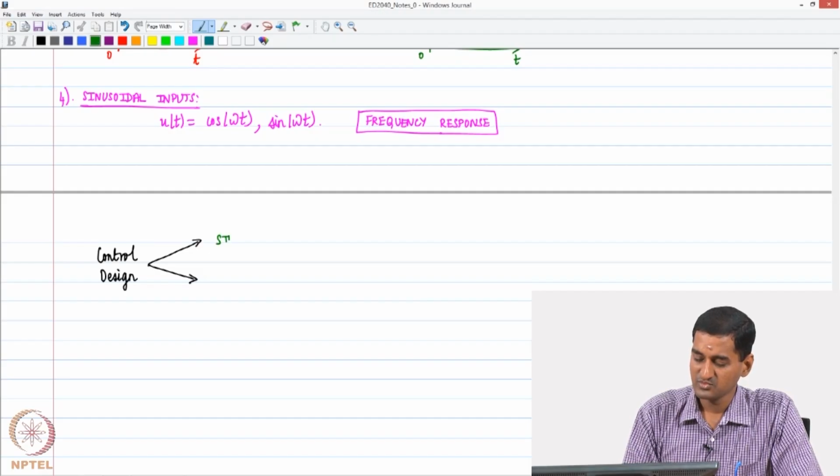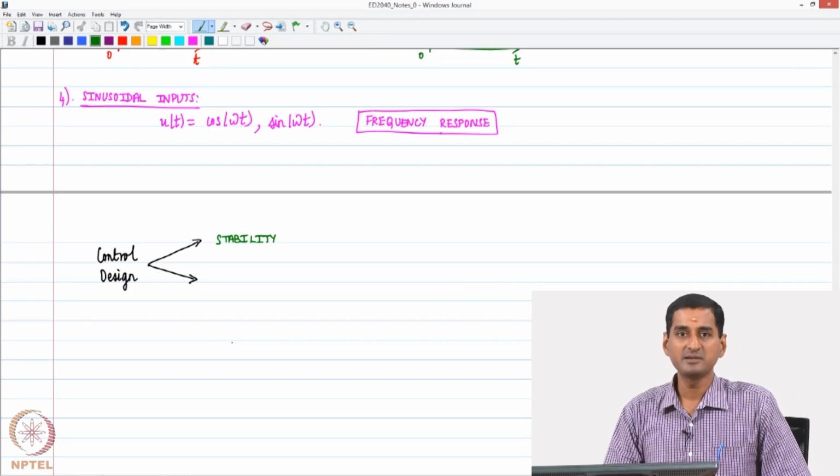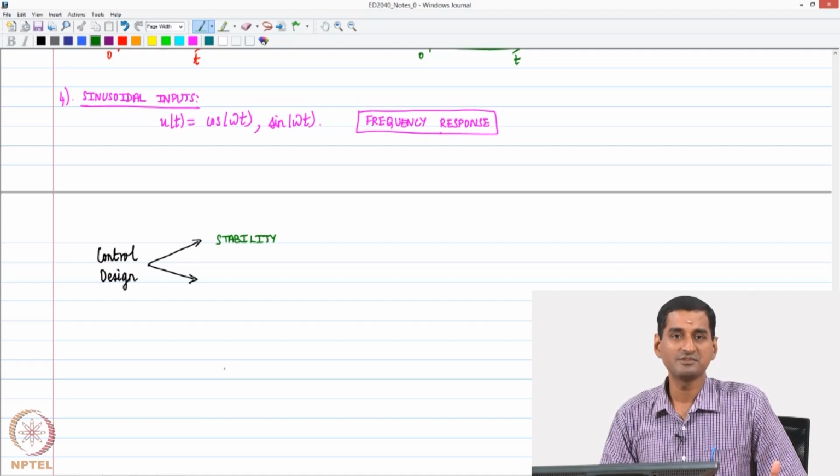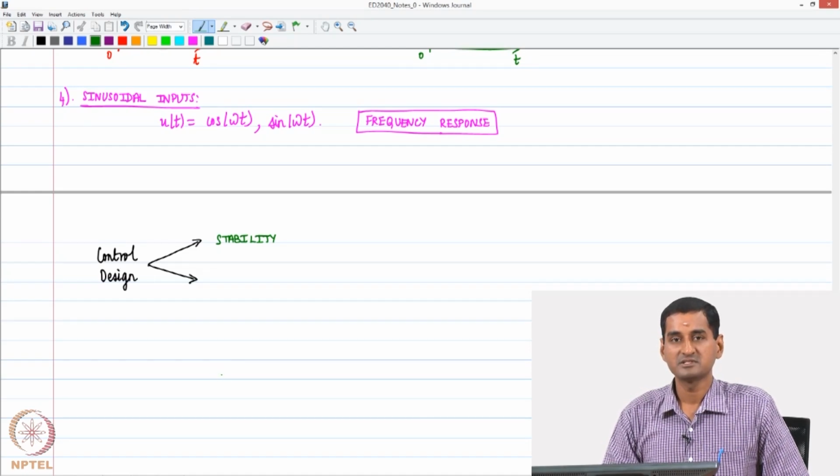The first one is what is called stability. We want to design stable systems, and if a system is unstable to begin with, we want to stabilize it using feedback. That's one reason why we design control systems. Whenever we design dynamic systems of the class that we are considering, first we want those systems to be stable. We'll shortly define what notion of stability we are going to use in this course.